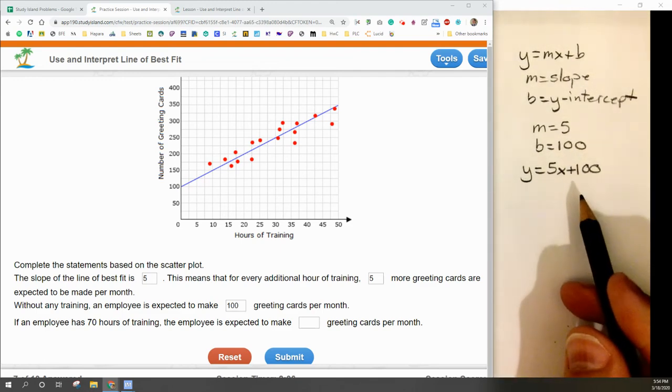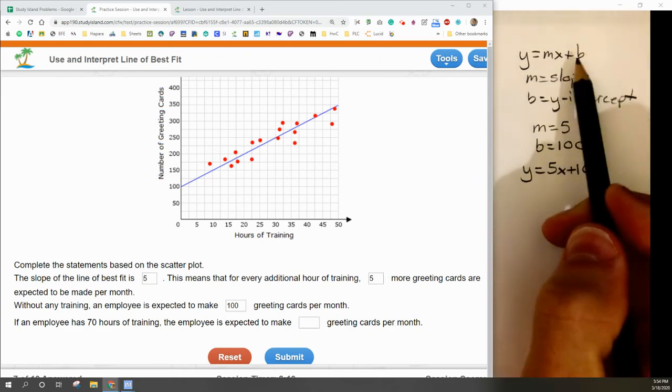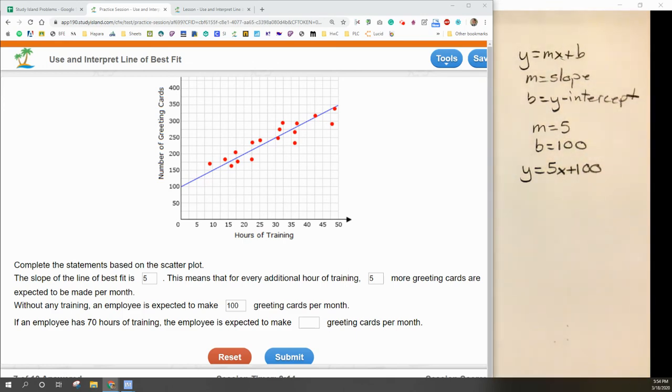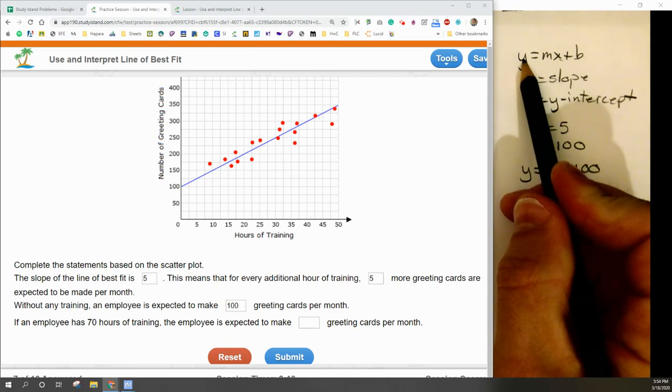Now that we have that equation, we can plug in 70 hours of training. Now remember, the x in this equation represents the hours of training, and we know that because the hours were marked on the x-axis, and the y variable represents the number of greeting cards.